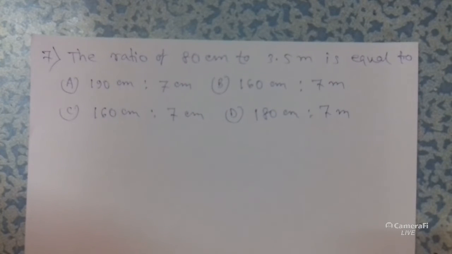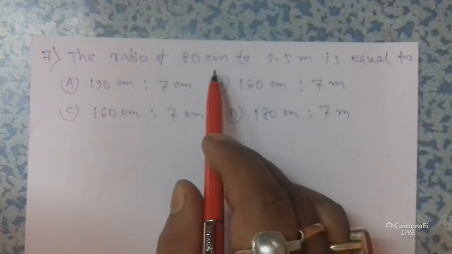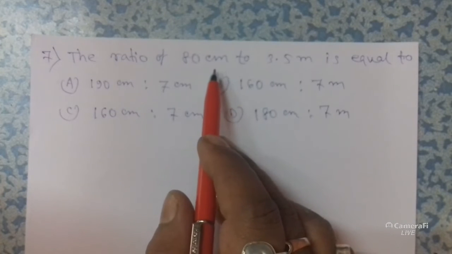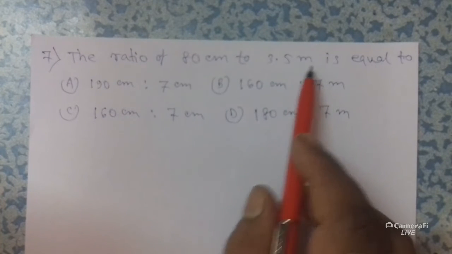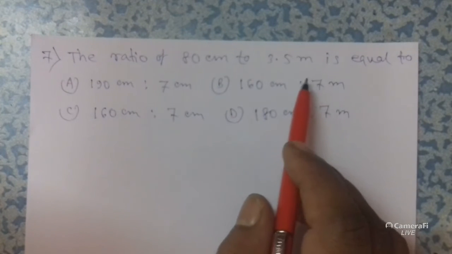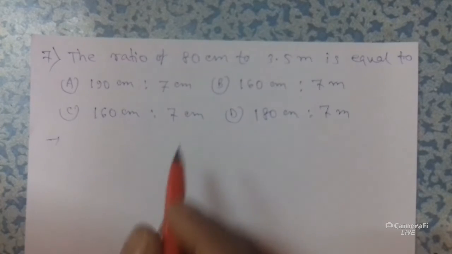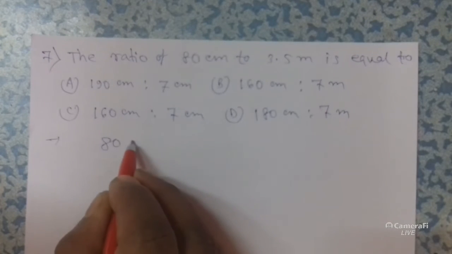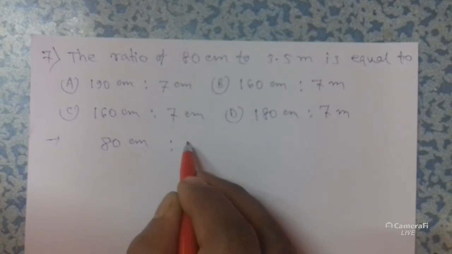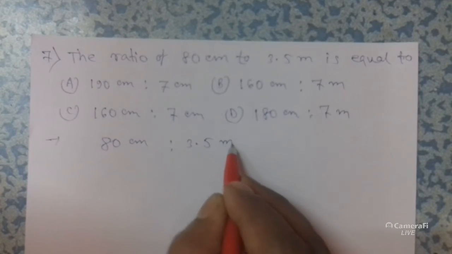So to find the ratio, students, always remember, you have to take the same units. The first value has centimeter and the second value has meter, so there are different units. So we have to convert them into the same units. Here the first one is 80 centimeter, the second one is 3.5 meter.